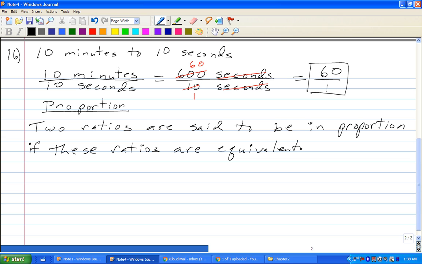And so we can determine if two ratios are the same by using cross multiplication.